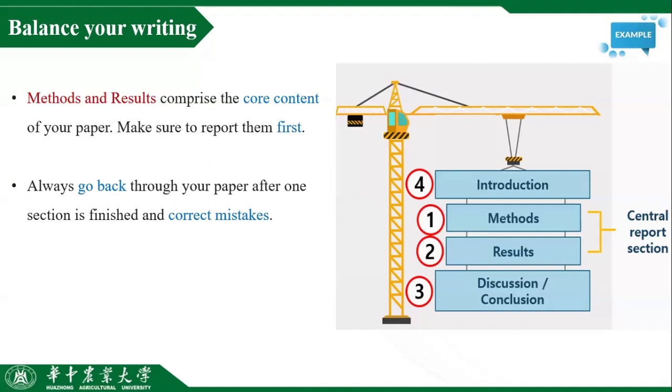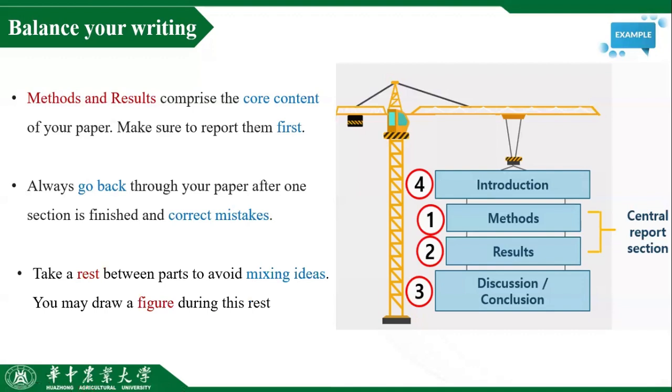When you're writing this part, you only focus on methodology, but when you write another part, you may put your eye away from the methodology, and when you go again, you will find some mistakes for sure. And then take a rest between each part. Don't write the methodology, then directly write the result and directly write each part. So take some rest before each part, to avoid mixing your writing between different parts.